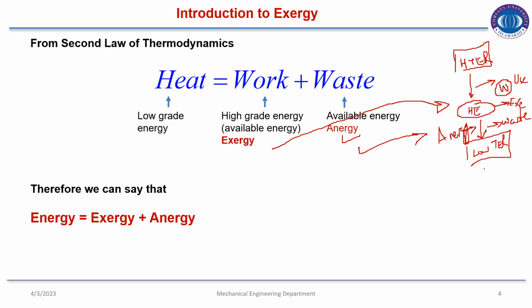So energy is the summation of useful energy and wasteful energy. Useful energy is termed as exergy and wasteful energy is termed as anergy. Here you should remember the spelling of anergy starts with A, not E. So energy is the total sum and it consists of a part that is useful, that is exergy, and the part that is not useful, that is anergy.